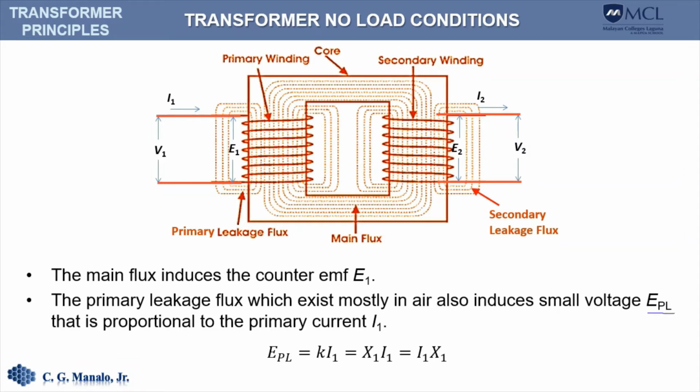It's called E sub PL, and that will be proportional to the amount of current that flows into the primary winding. So we can formulate this as follows: the voltage due to the primary leakage flux is the primary current times the reactance due to the leakage flux.